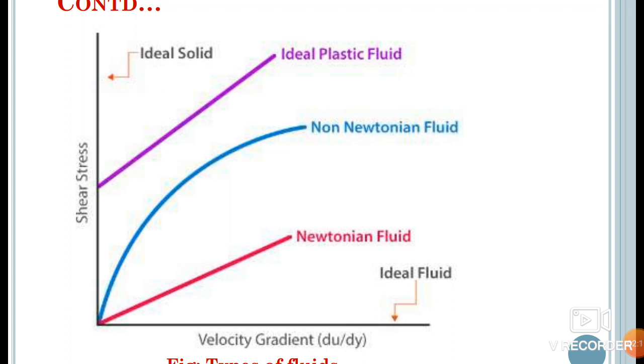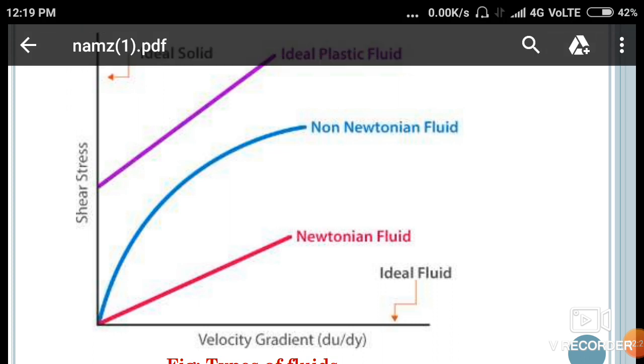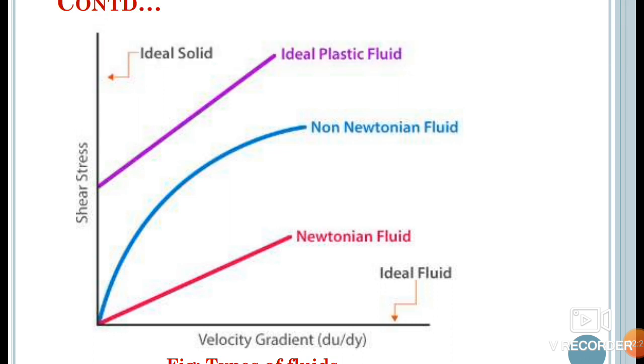But the line is not starting from zero, it is starting from a point which is known as the yield value. Yield value is the minimum value of shear stress for a fluid. So those types of fluids are known as ideal plastic fluids.